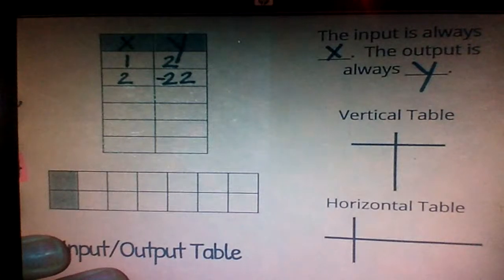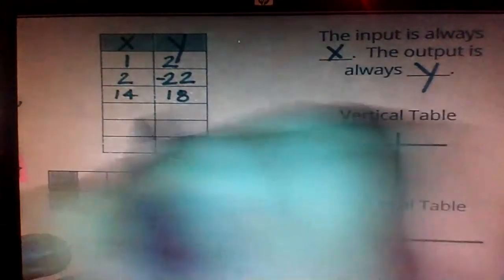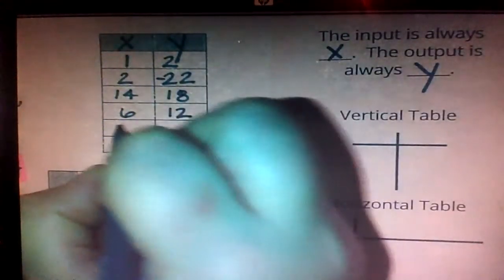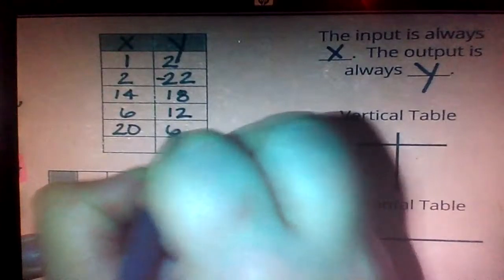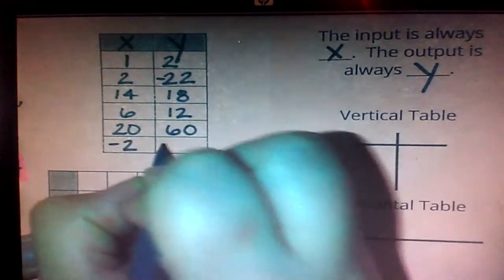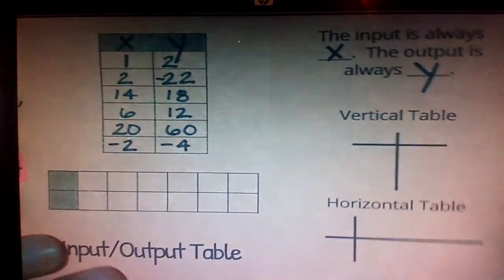If you leave it at 25, it's still a relation. Okay. 14 and 18. 6 and 12. 20 and 60. And negative 2 and negative 4.